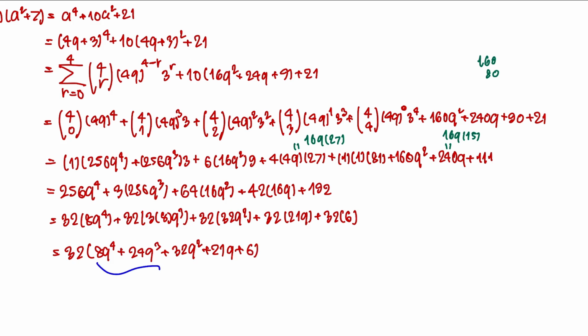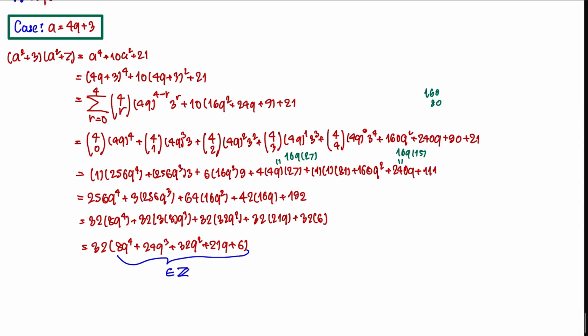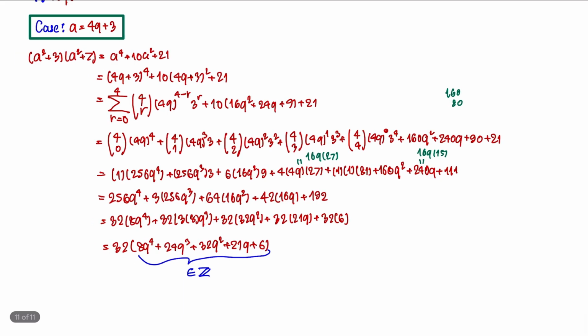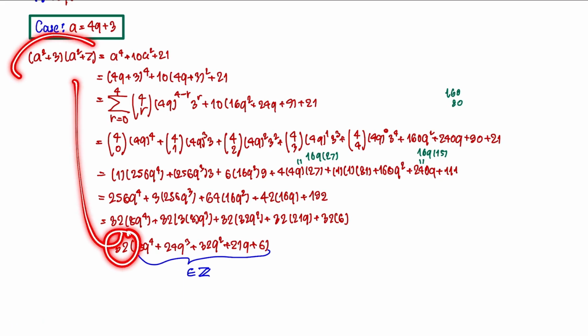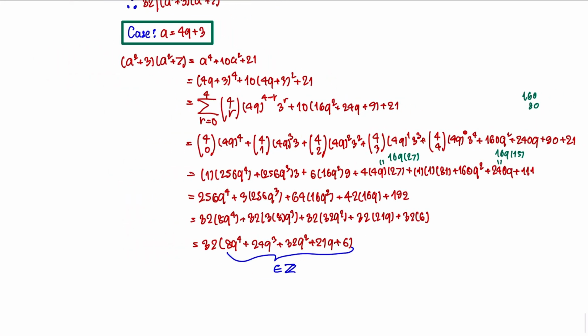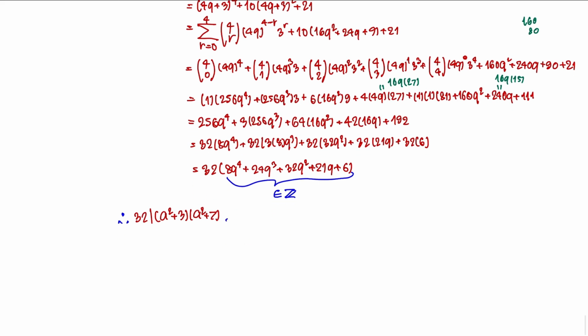As you can see, these are the sum of integers, so this term is going to be an integer. That means that 32 is a factor of this term. That means that 32 divides (a² + 3)(a² + 7).